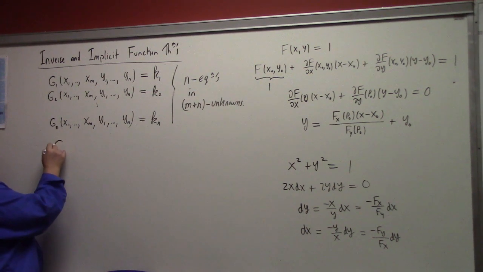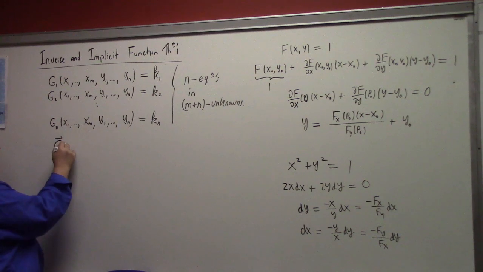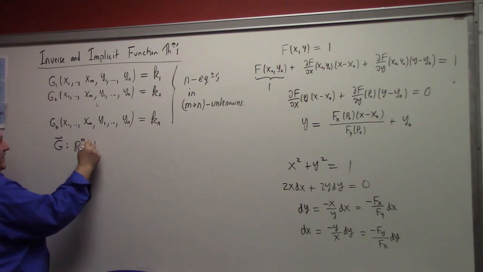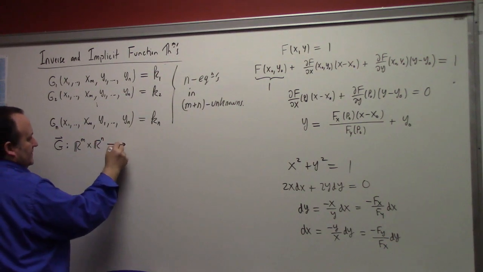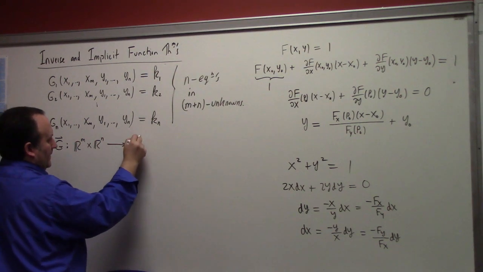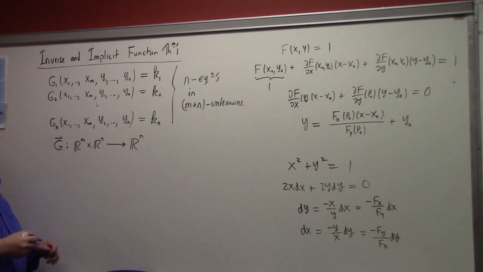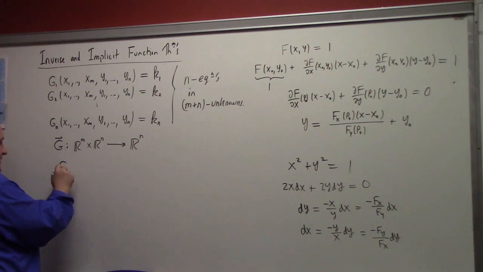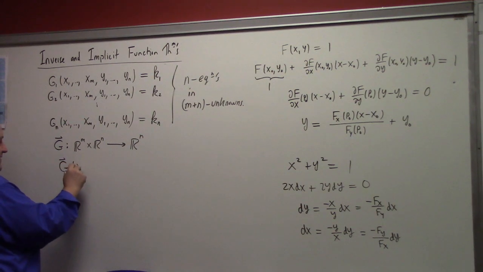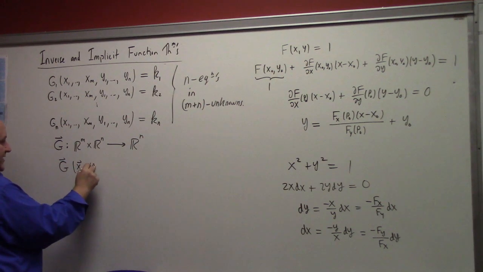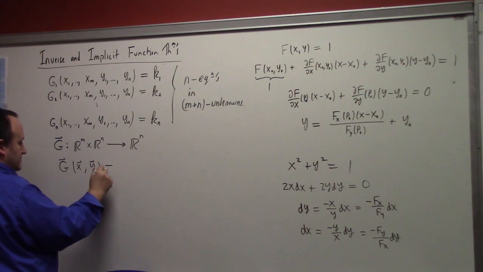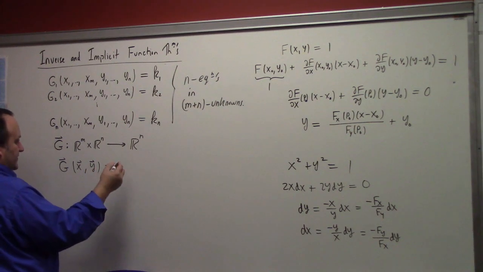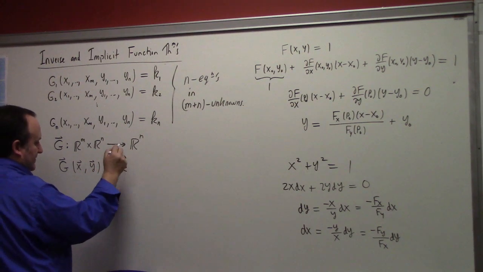What we're really looking at is a G vector, which is a mapping from Rm cross Rn to Rn. You could look at it as g of x vector comma y vector equal to, well, k vector.